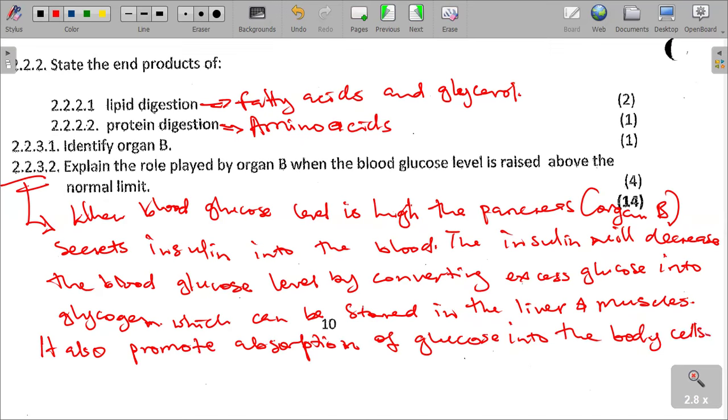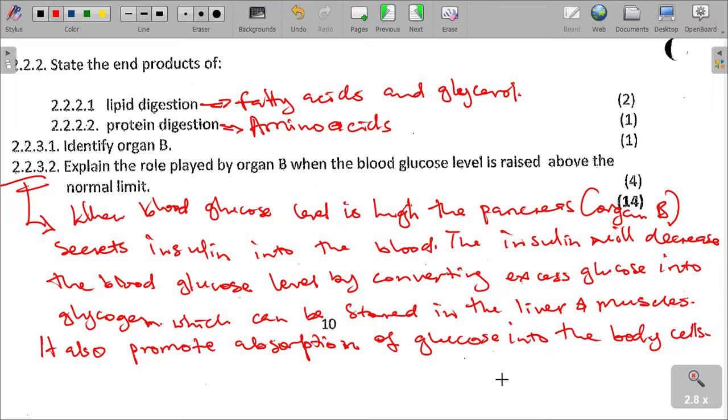So that is how the pancreas works when the blood glucose is high. It is activated to secrete insulin, which helps in converting excess glucose into glycogen, which can then be stored in the liver and muscles.